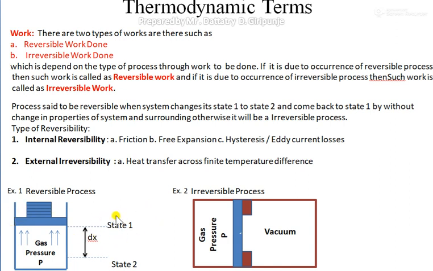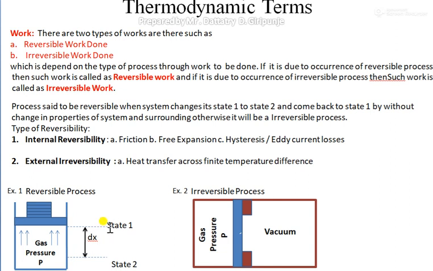Whenever it comes back to state 1, the pressure, temperature, volume and other characteristics of the surrounding and system will be regained as they were at state 1.